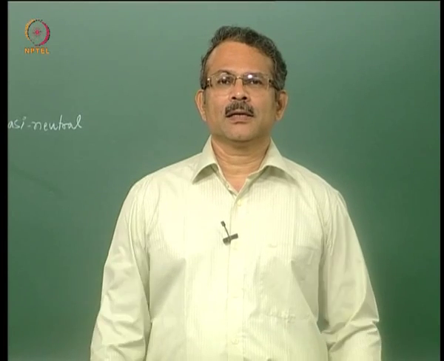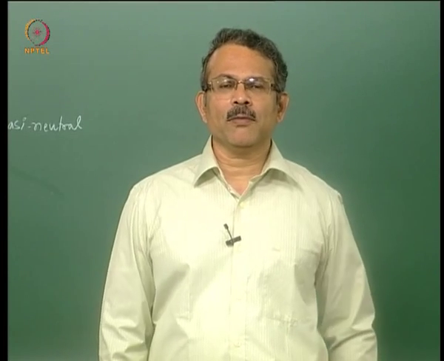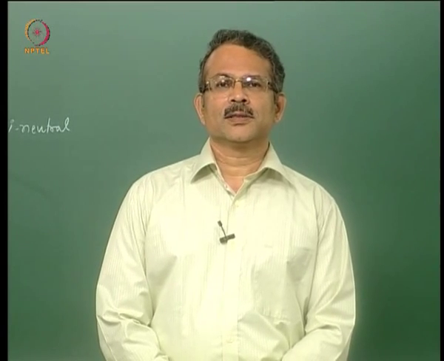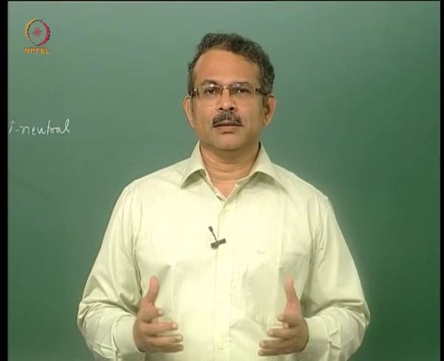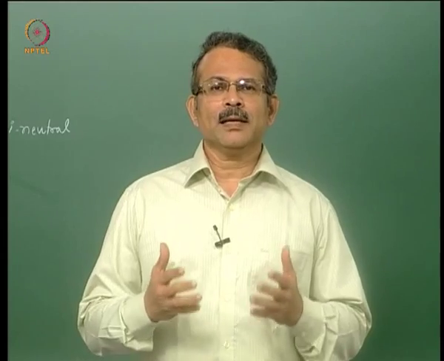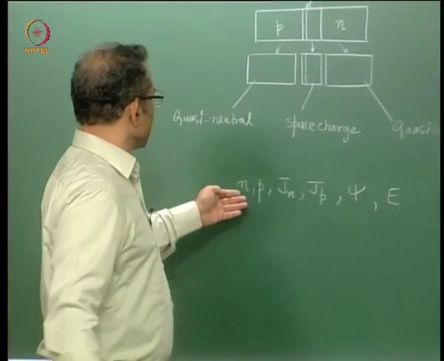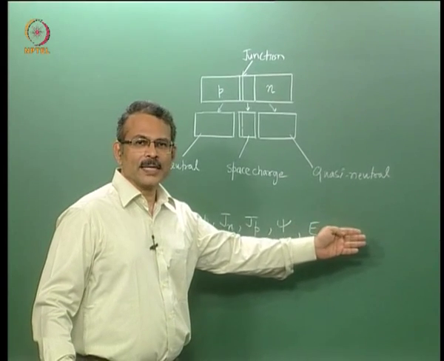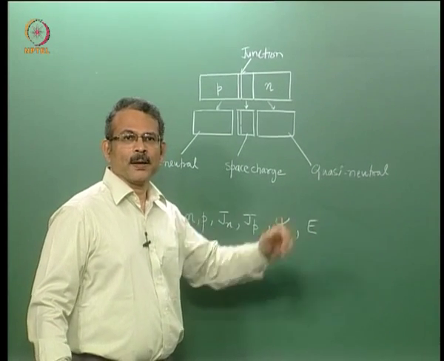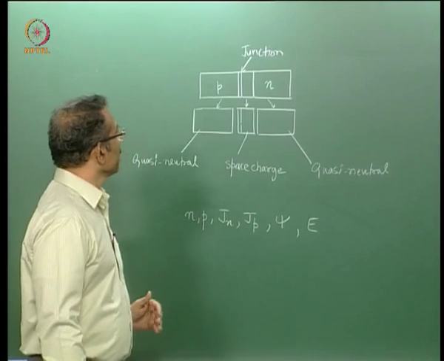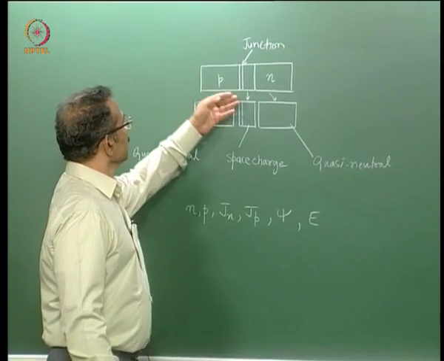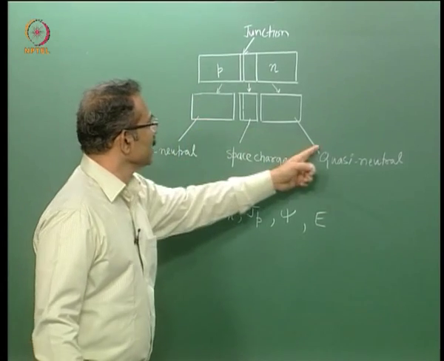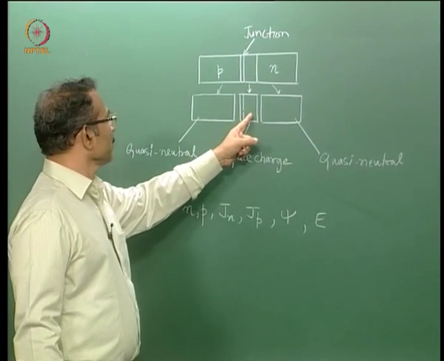Let us illustrate these ideas using the example of a p-n junction. Now what does steady state analysis of a p-n junction mean? It means deriving the distributions of n, p, jn, jp, psi and e as a function of x in the device. You do this in 3 steps. The first step, you separate this p-n junction into quasi-neutral and space charge regions.